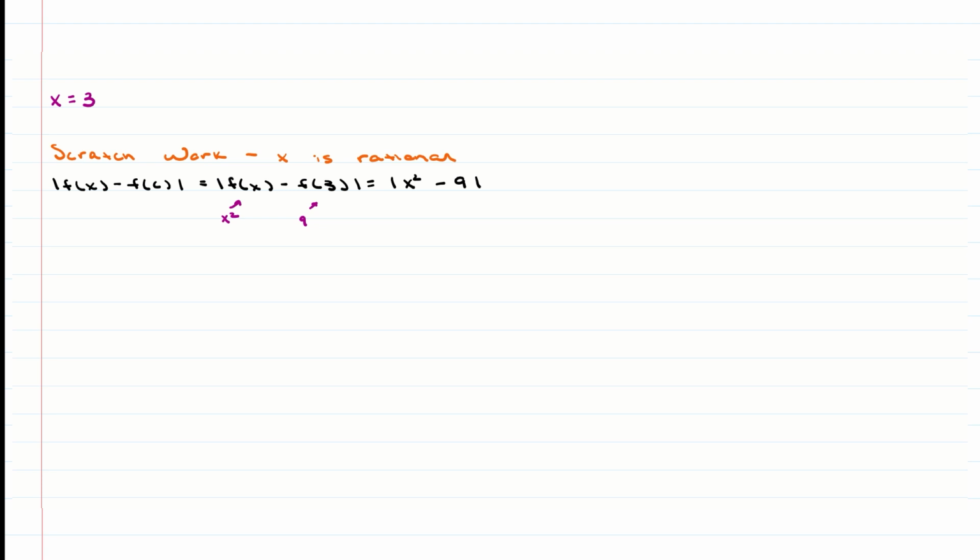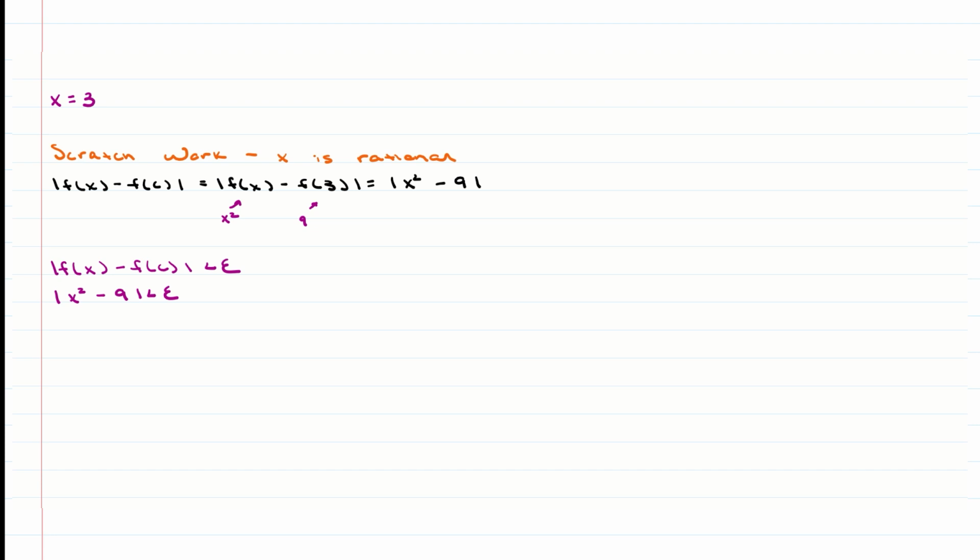Okay, so I want to take a moment here to evaluate what we're looking at. Now the goal is to show that the absolute value of f of x minus f of c is less than epsilon. That means for us, we're trying to show that the absolute value of x squared minus 9 is less than epsilon.